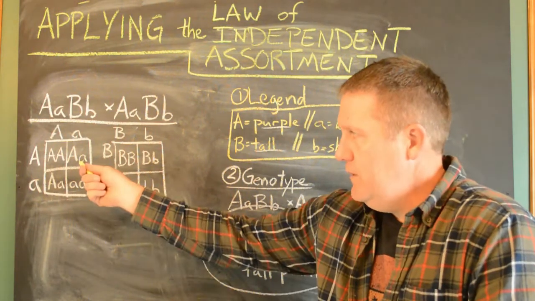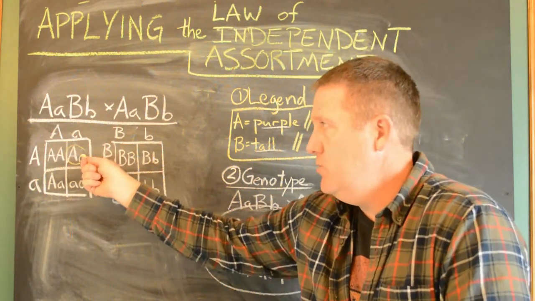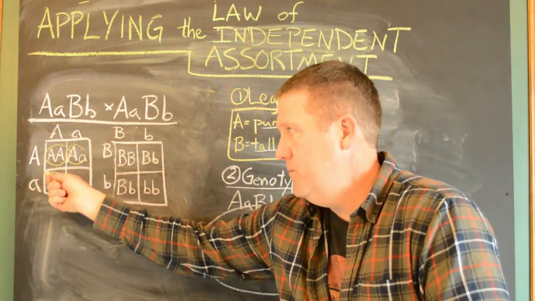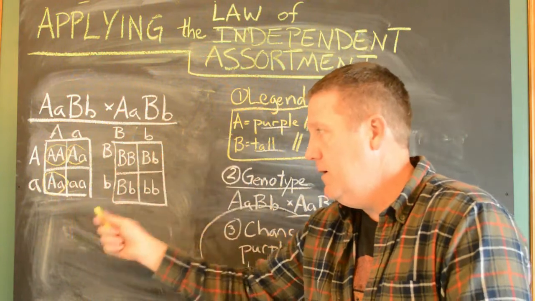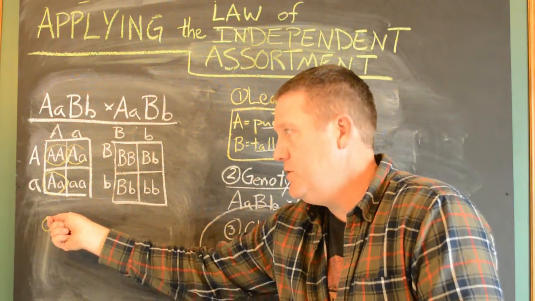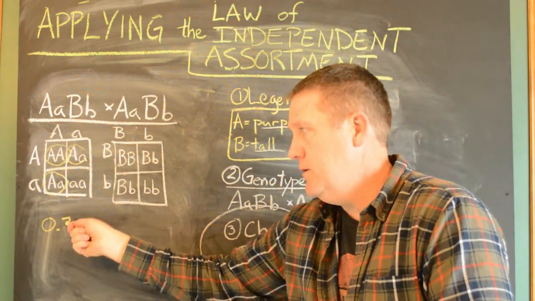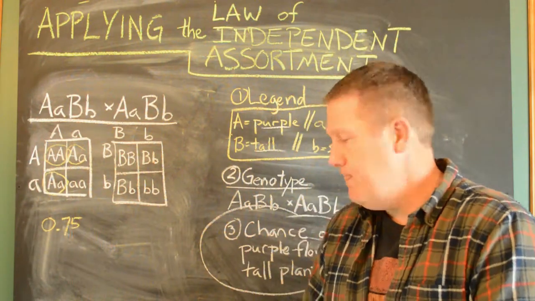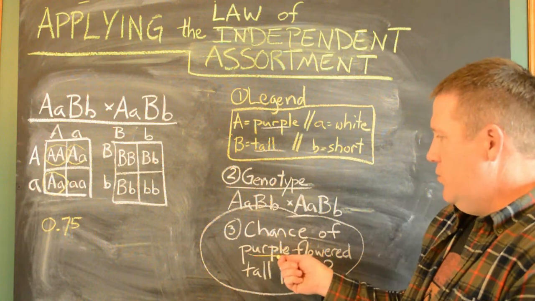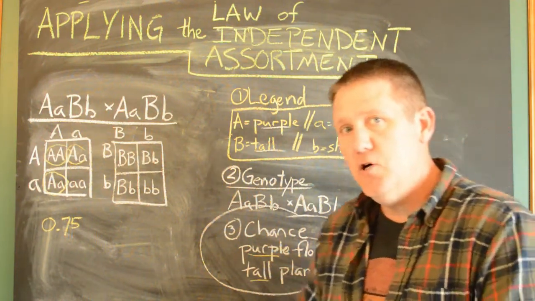Well, of these over here, that one's purple, and that one's purple. We can refer back to the legend to help us there. But that's 75%, or as a probability, 0.75. All right, so that takes care of the purple, but it also has to be tall.